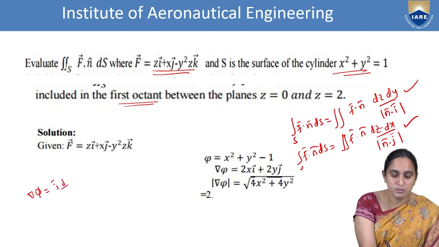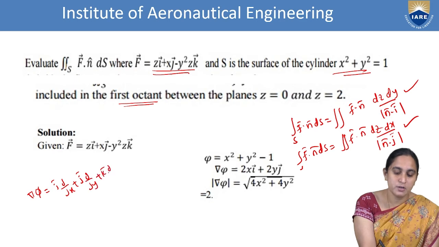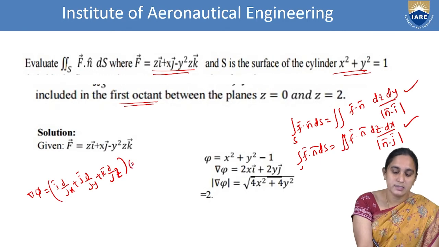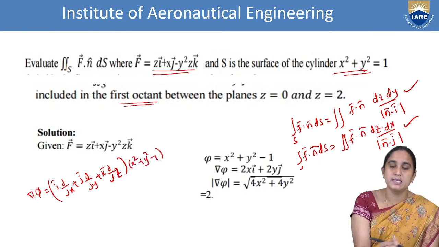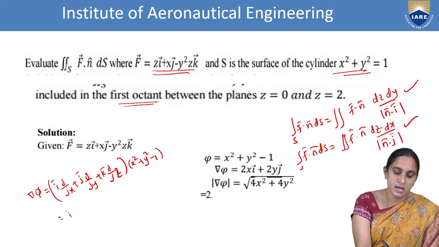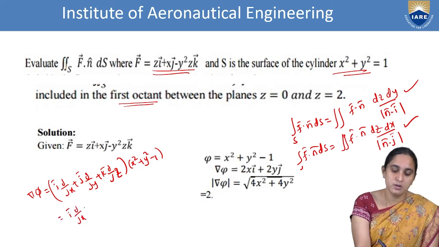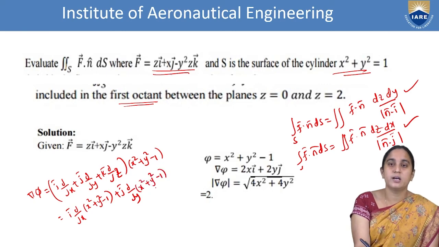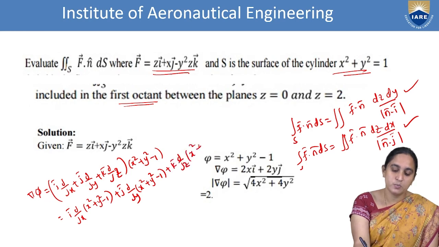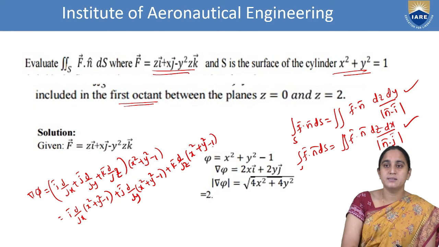That is i bar into dou by dou x plus j bar into dou by dou y plus k bar into dou by dou z of phi, what is phi here? x square plus y square minus 1.